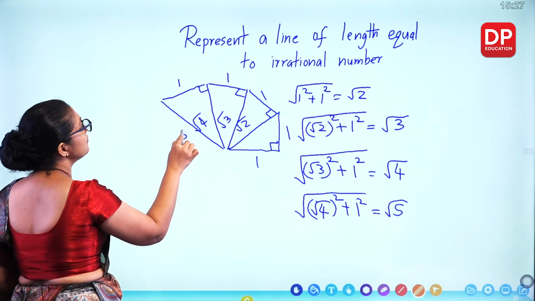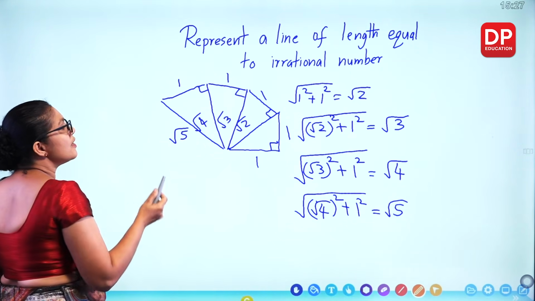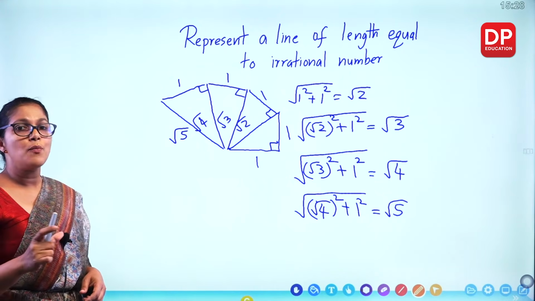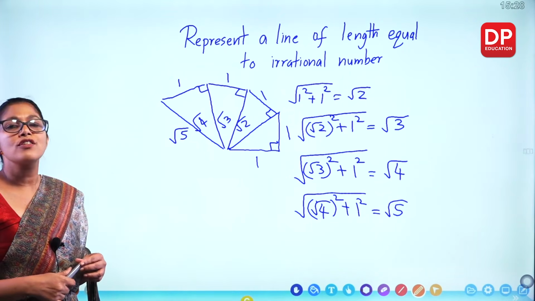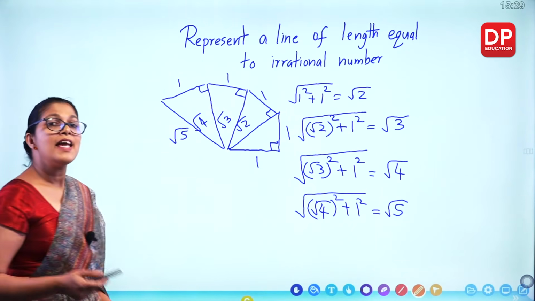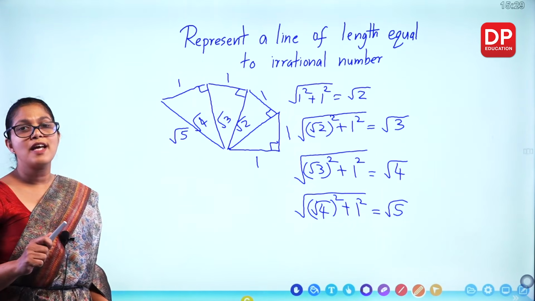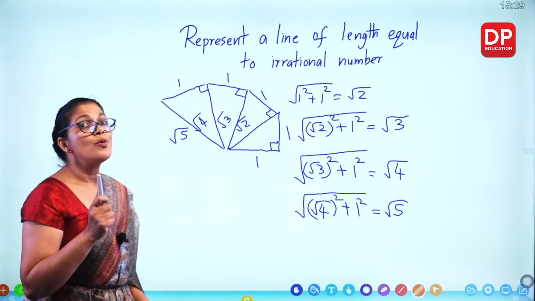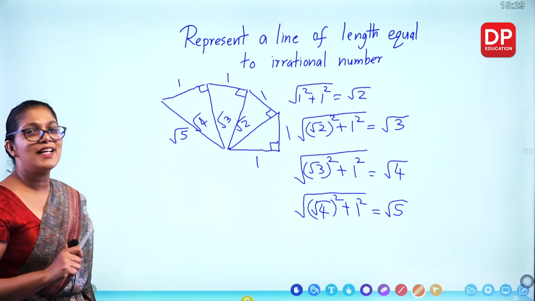So here you can find the line with all these irrational numbers. So here we can find any irrational number using this method. So who found out this method?